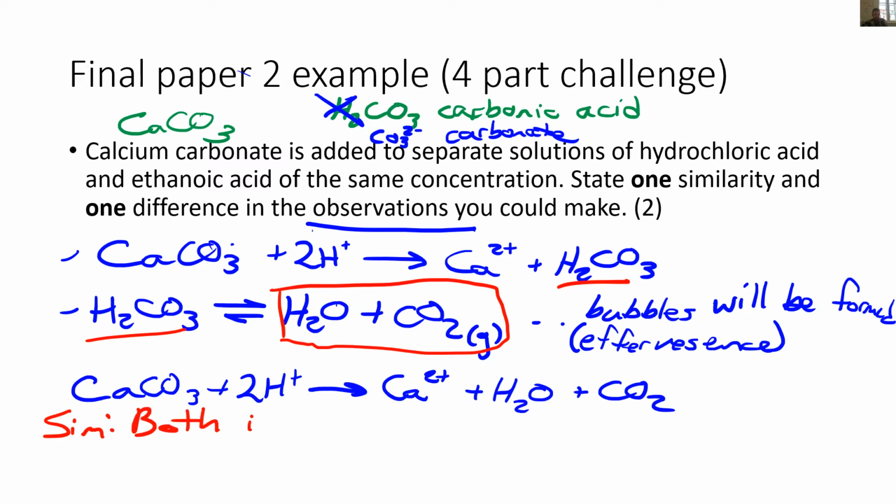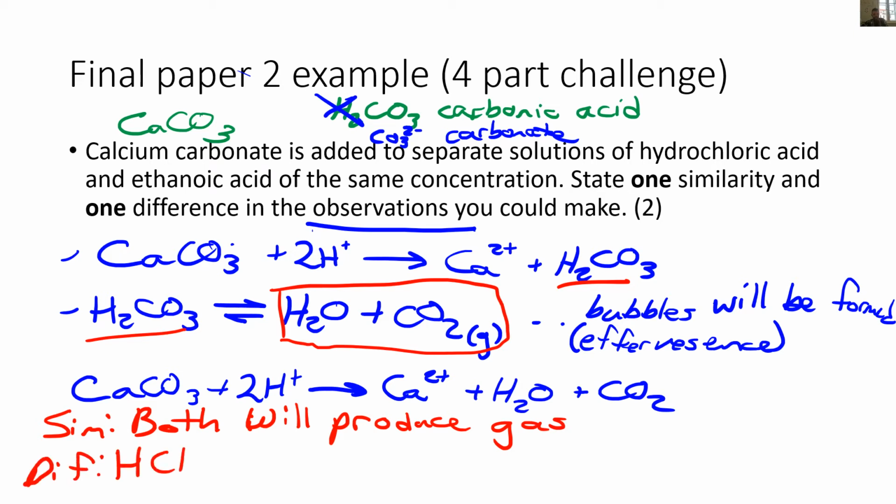So the similarity: both will produce gas. The difference: HCl, that's what we're talking about, right? Yeah, this is HCl, and then this is CH3COOH.